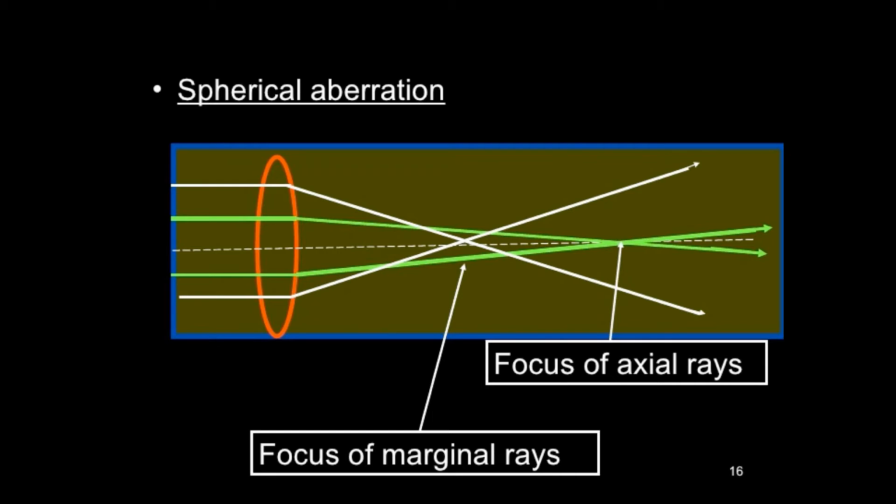The spherical aberration means it's an aberration of the lens that causes the outside rays to be focused closer to the nominal focus of the lens.